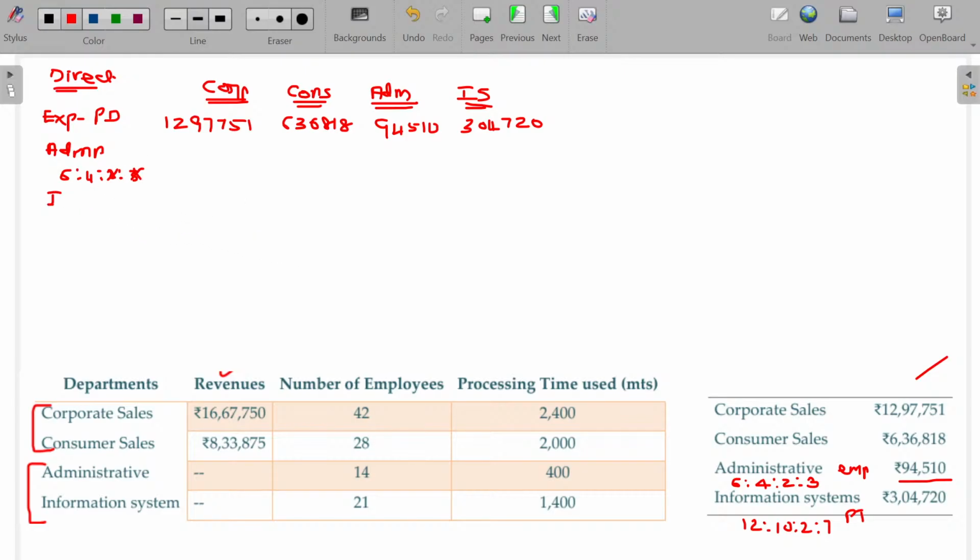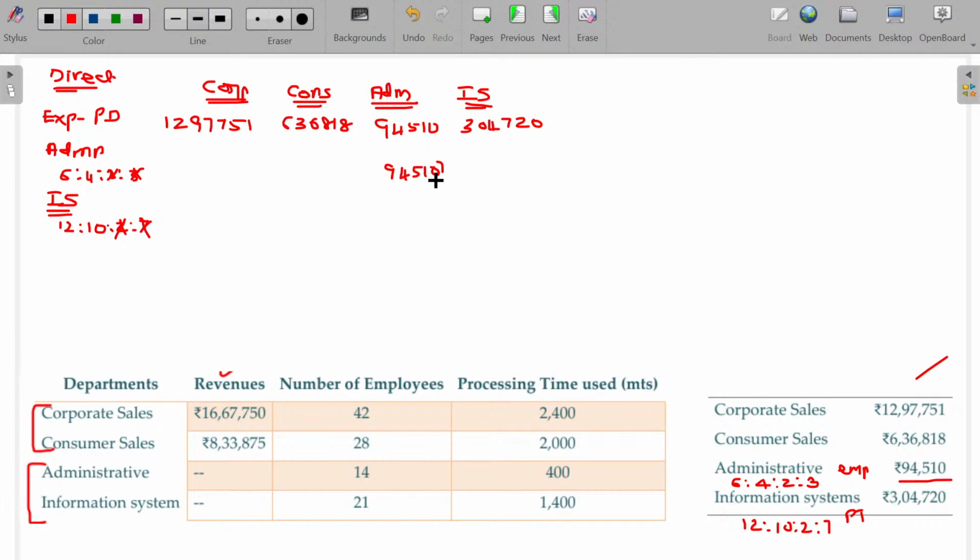Similarly, in case of IS, 12 is to 10 is to 2 is to 7. Here also, support to the service department will not be considered. Service departments rendered service only to the production department. The cost of the service department is allocated only to the production departments under that.